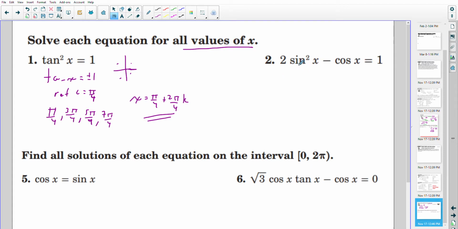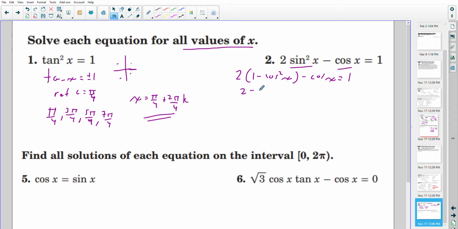Looking at this one, I can't do much with these two, so I have to separate that sine squared x into cosine squared, and I'm going to use the Pythagorean identity to do that. Now I want to expand this side and eventually try to factor it.